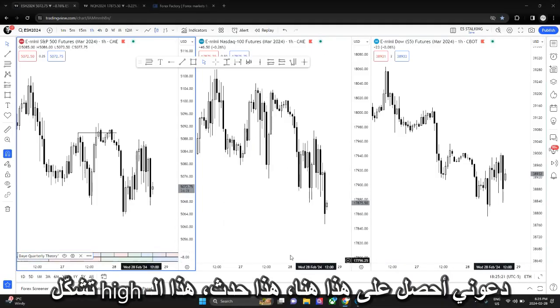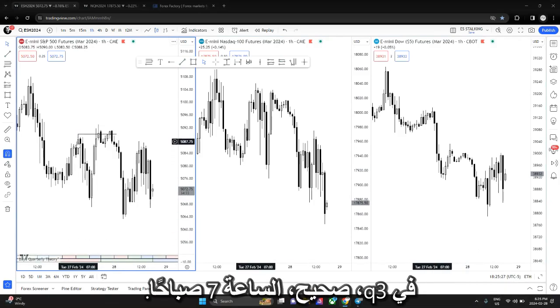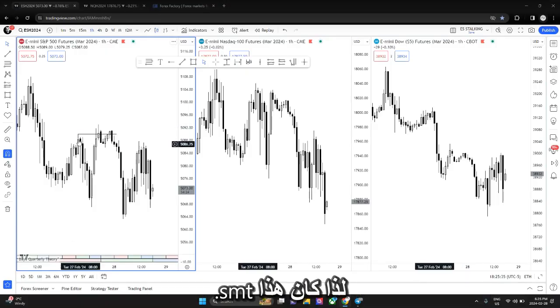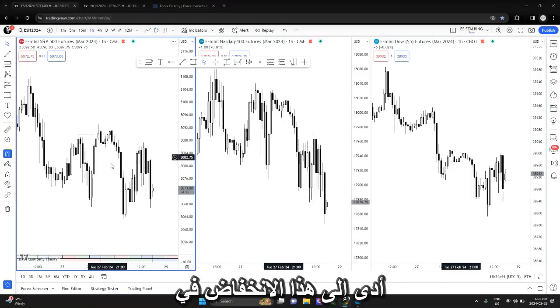This high formed at Q3, right? 7 o'clock in the morning. And this high formed in the afternoon session, right? So this was SMT between Q3 and Q4, which is what triggered this falling price.